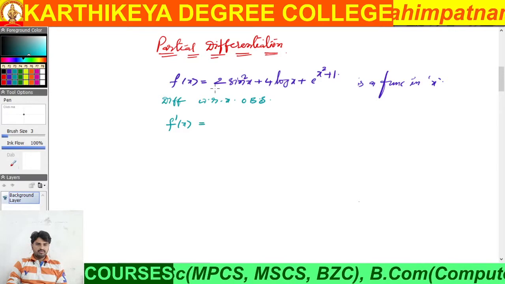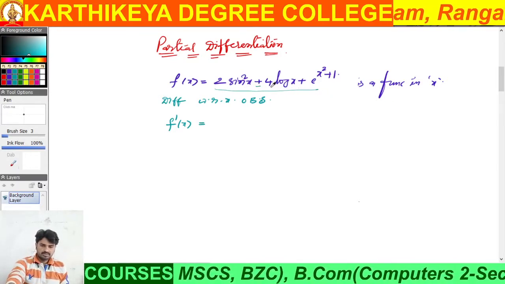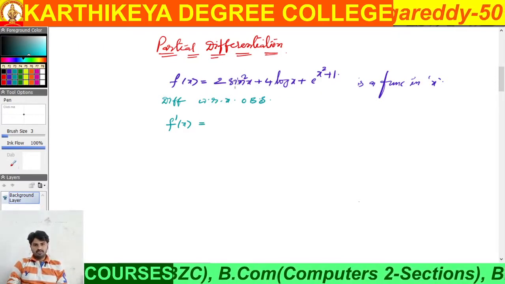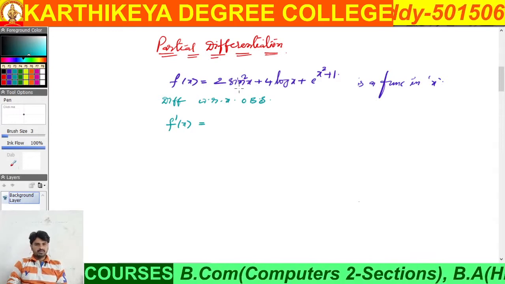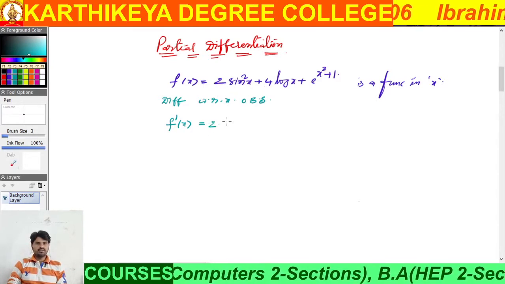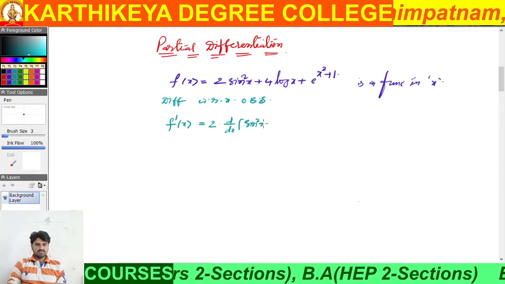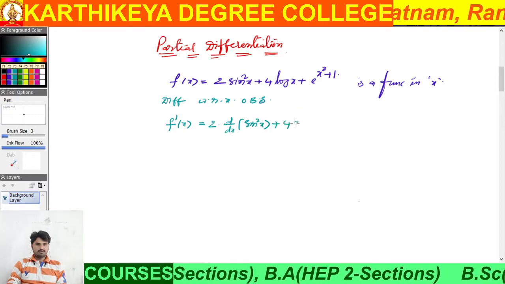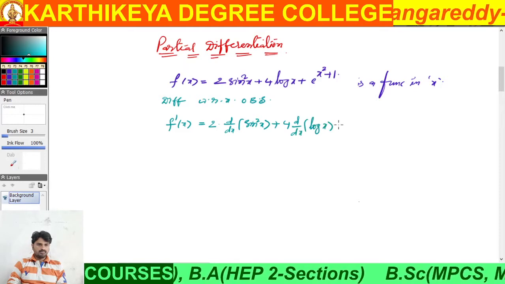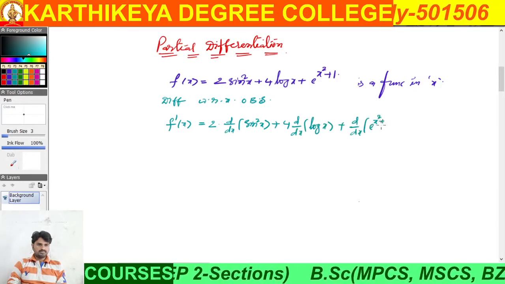Before going to differentiate this function, there are plus signs, so we can separate the derivative of this function. Before separating, we have to write the numerical constants before the derivative, that is 2 times derivative of sine square x, plus here 4 times derivative of log x, plus derivative of e to the power of x square plus 1.